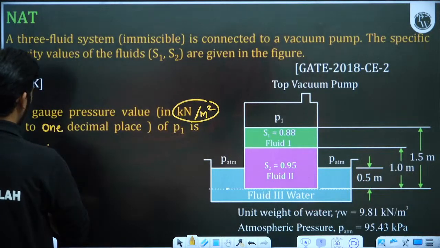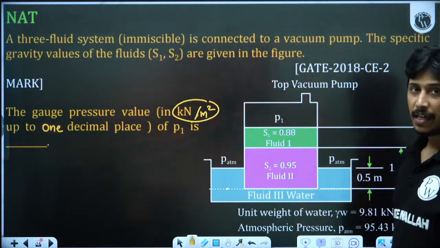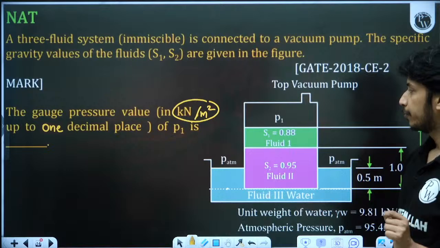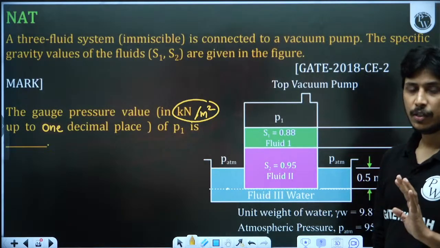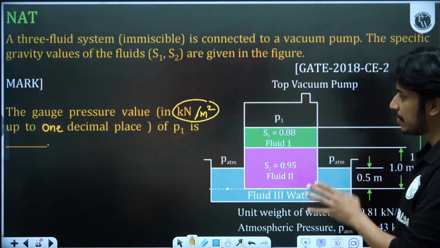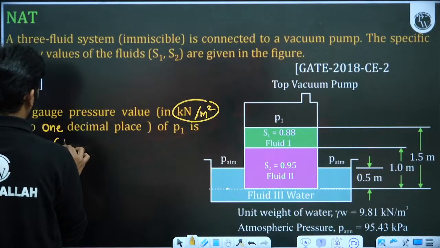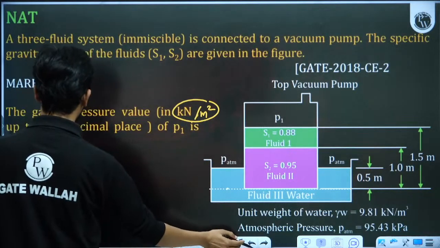1 decimal place only. P1. This P1 pressure is it is vacuum pressure. So give the answer in gauge. It is vacuum pressure now, so give the answer in gauge, and don't add minus, only give the answer magnitude only.